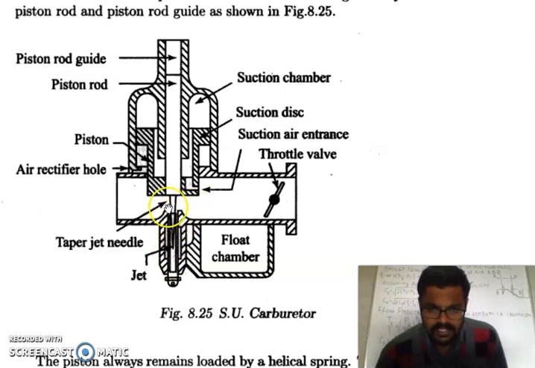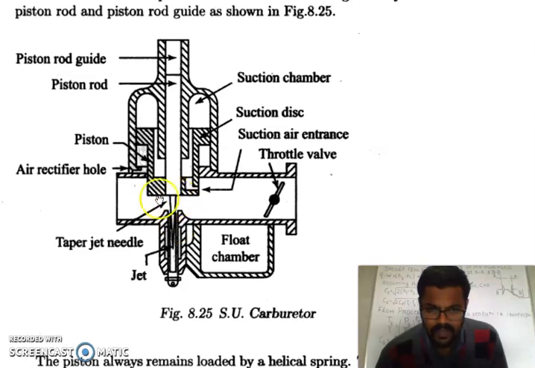So this needle is tapered, so it means when this moves up, more fuel will enter into the air stream. And when your piston moves down, you can see this needle is tapered, so the space between this needle and this tube will decrease and the amount of fuel supply will decrease.